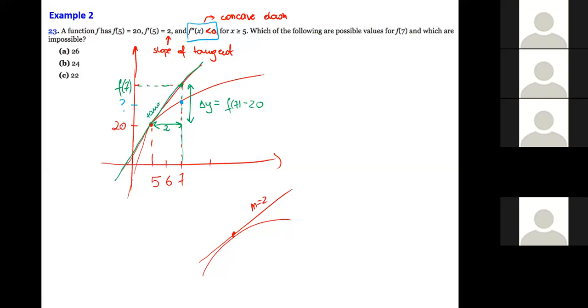Because I really would like to take advantage of the slope of the tangent, which is 2. And this is simply delta y over delta x. That means delta y, the difference in y's, is f of 7 minus 20.